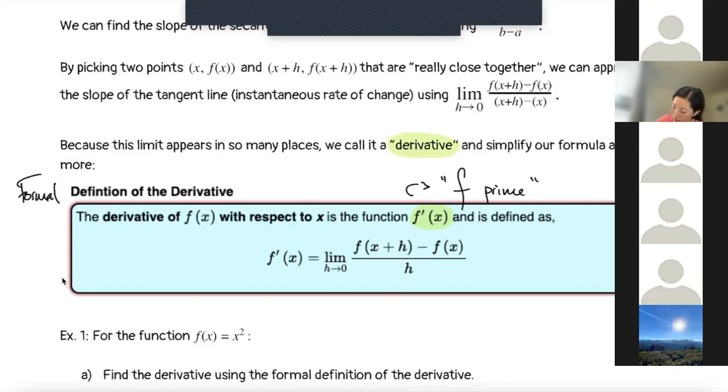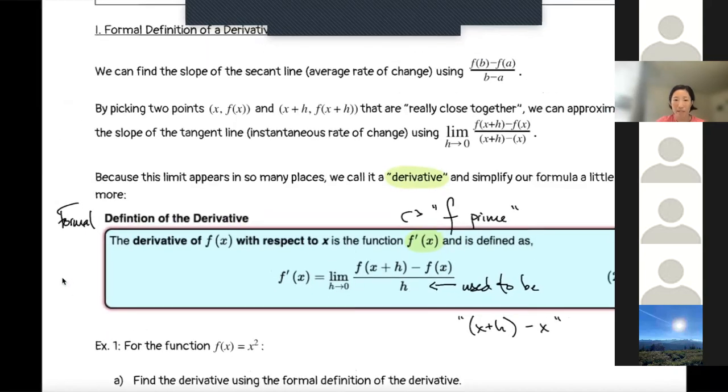And simplified meaning that this h used to be x plus h minus x. Okay. So this formal definition of a derivative is another way of asking us to find the instantaneous rate of change.